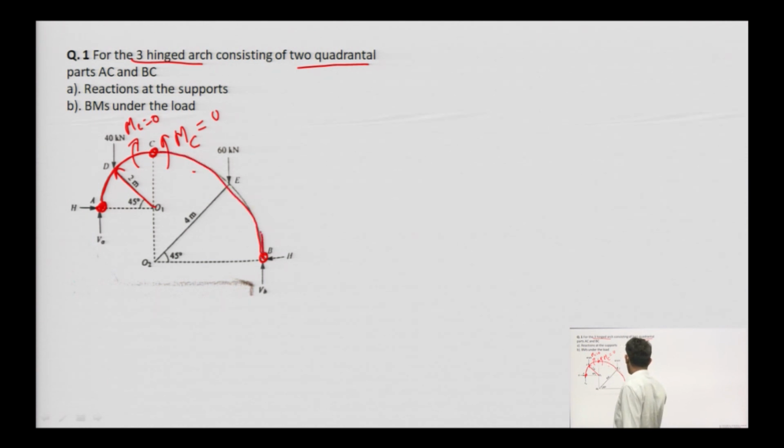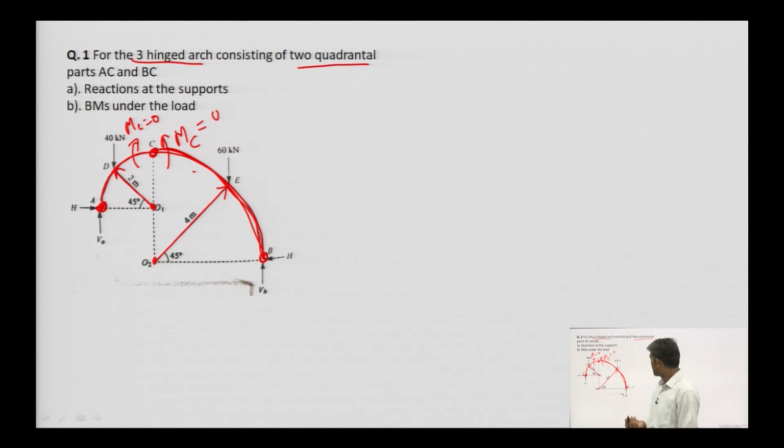This segment has double the radius, means 4 meter. These are the center points for the AC segment.